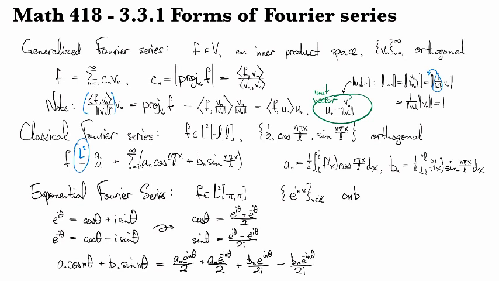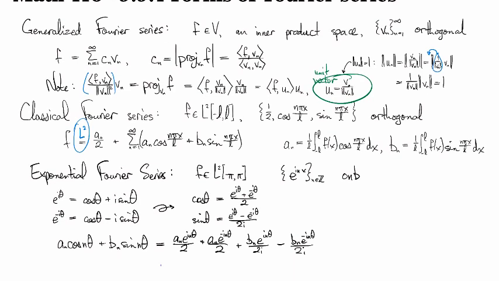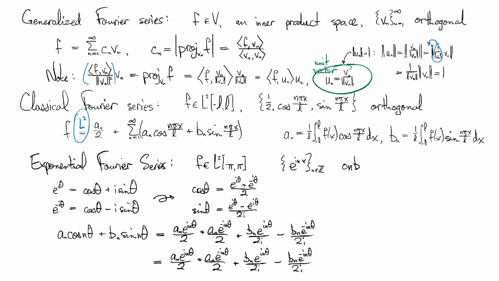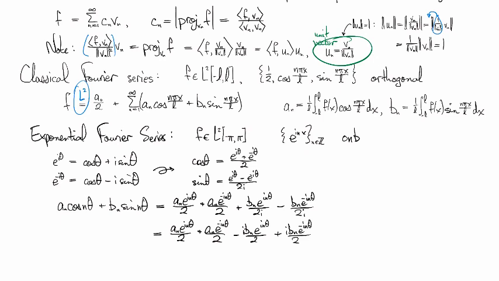Then let's see, so I can grab these guys and duplicate, because the only thing that I need to change here is I'm going to move the i's into the numerator, and 1 over i is the same thing as minus i, so I have to pay for it with a minus sign.